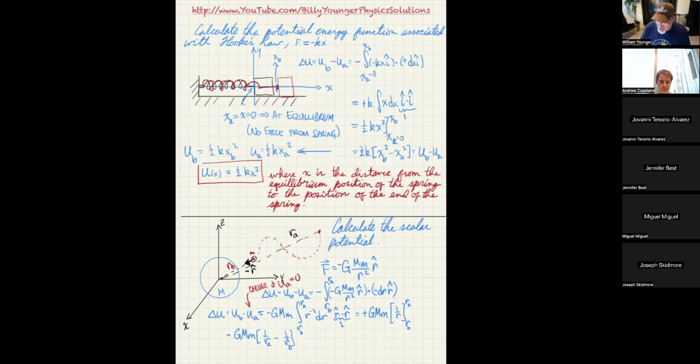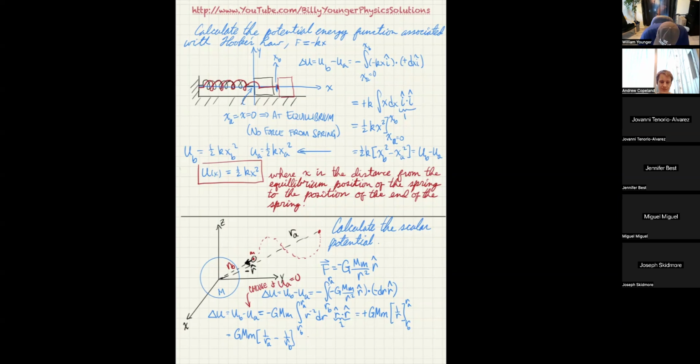All right, so what we're going to do with this one is allow RA to be infinitely far away. And when you integrate to infinity, you take the limit as the variable approaches infinity.